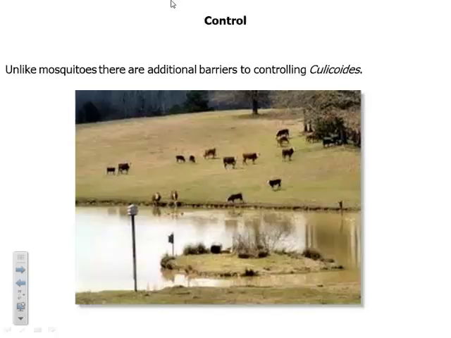So we talked about mosquito control. All of the same steps in control are needed for Culicoides control. You need to know surveillance, what species do I have? And unlike mosquitoes, it's a much more difficult question because every state has someone that can probably identify the mosquitoes at their public health laboratory.